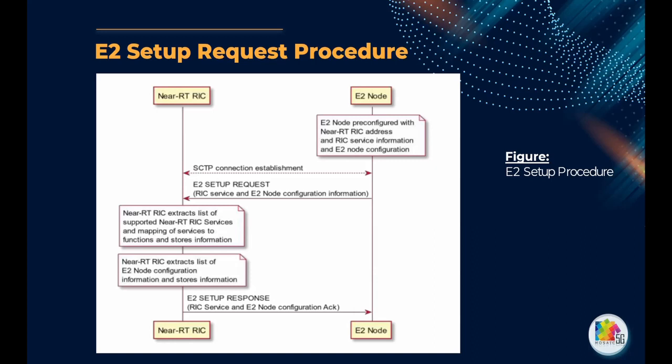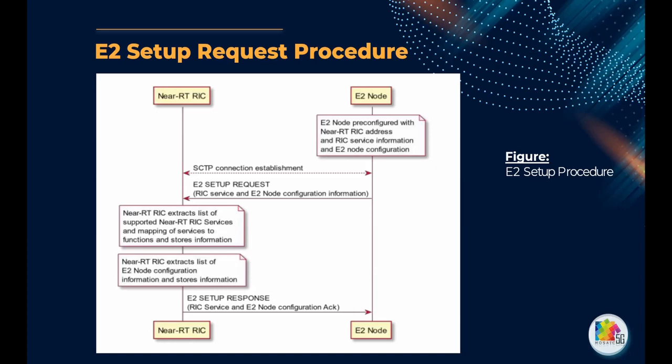Then the E2 node initiates the E2 setup request. The E2 setup request has a lot of information like the RIC global ID, and then you receive the E2 setup response back at the E2 node. So this means that the RIC and E2 node are connected. They know each other. For instance, they know the identity of the base station, and also, what is very important, through this process the RIC also understands what RAN functions are available inside the agent.